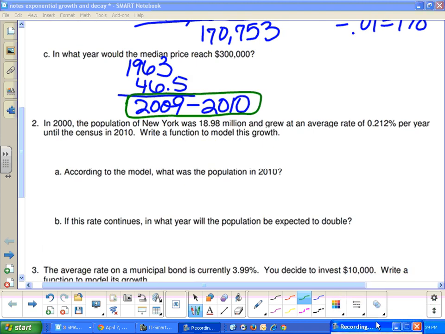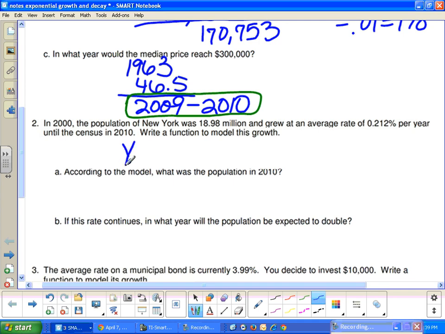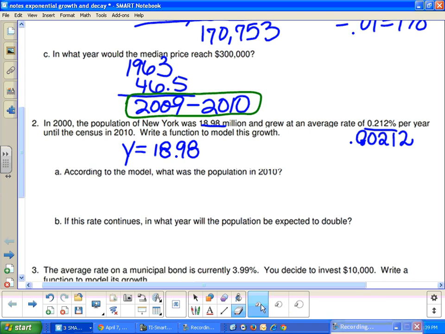Okay, number 2, same idea, we need to write our formula. So y equals, we need our initial amount, 18.98. And it grows at an average rate of 0.212. We need to move our decimal 2 places to the left, 0.00212. And that's what we'll use as our decimal.